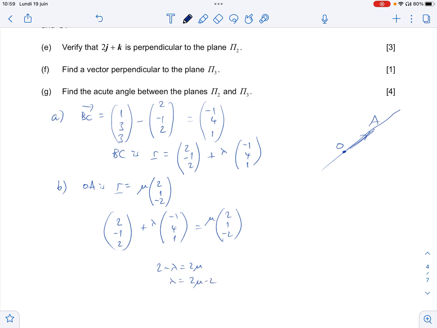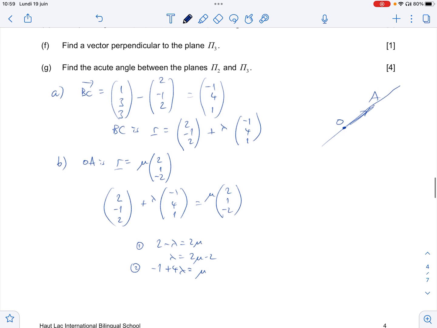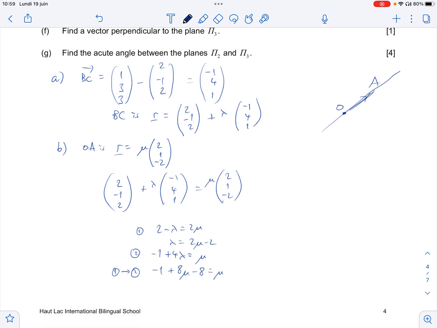And from the second one, negative 1 plus 4 lambda equals mu, and we'll put lambda into that. Gives us negative 1 plus 8 mu subtract 8 equals mu. That gives us 7 mu equals 9, mu equals 9 over 7.